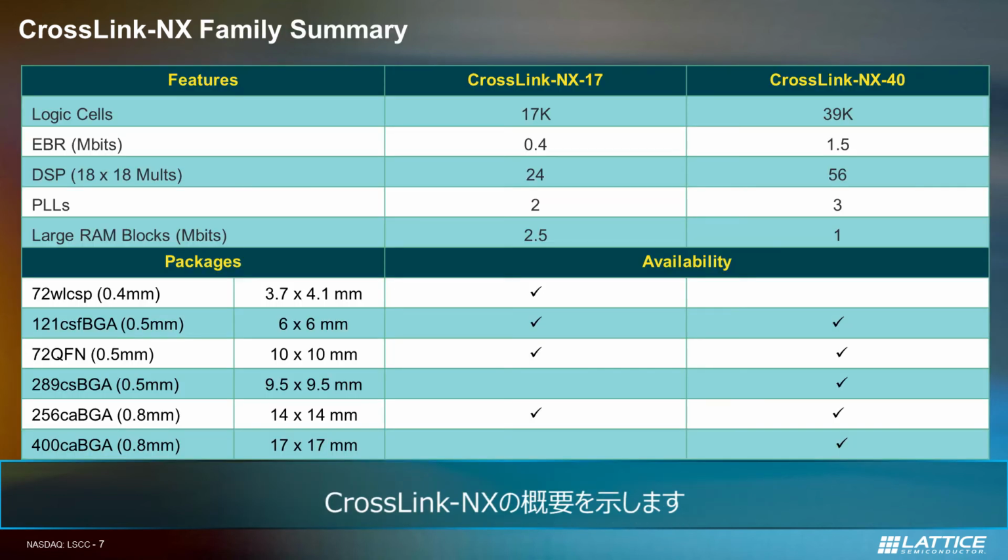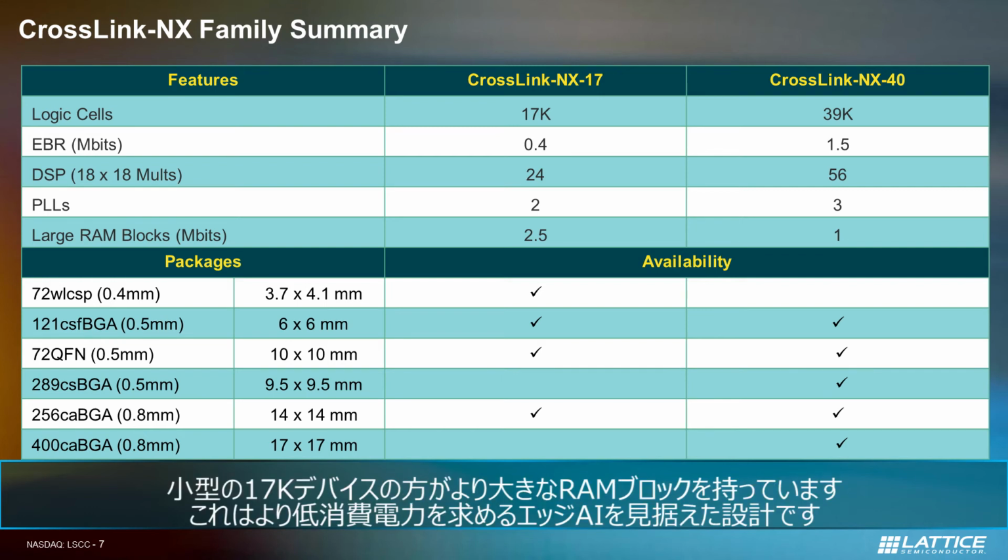This table gives you a quick by-the-number summary of CrossLink-NX features. The larger RAM blocks in the CrossLink-NX17 are specifically architected to store larger neural network data to enhance edge AI inferencing. We expect edge inferencing customers are more likely to choose the smaller density part to reduce power consumption.